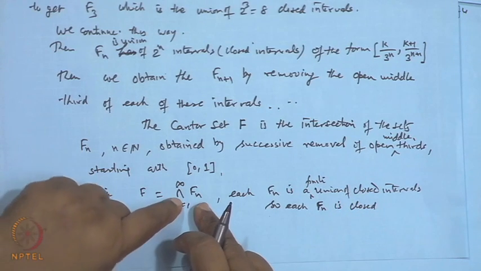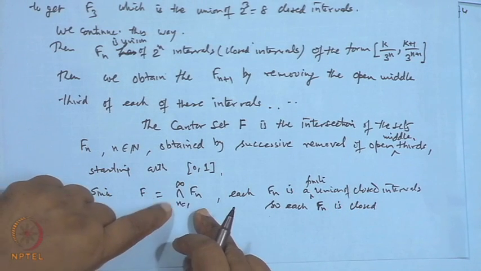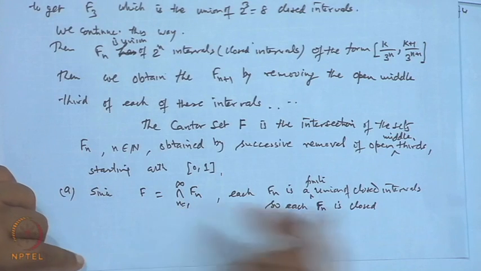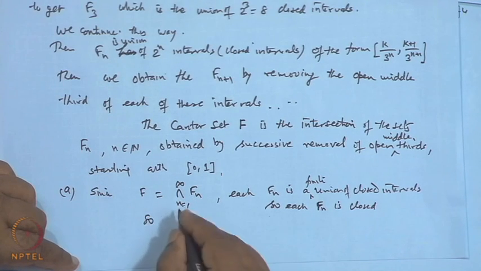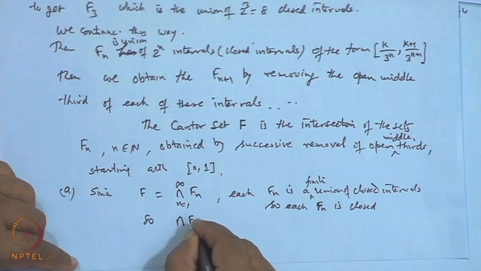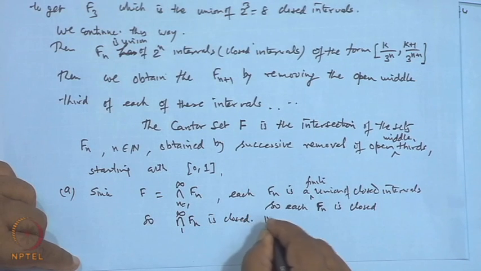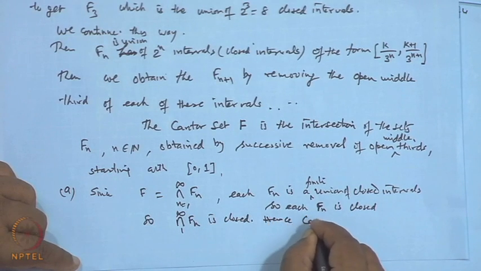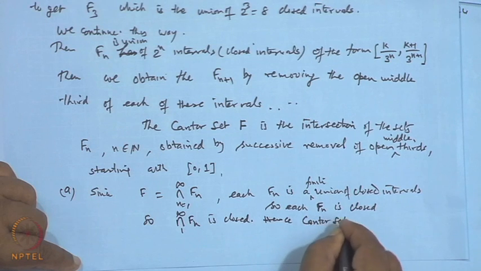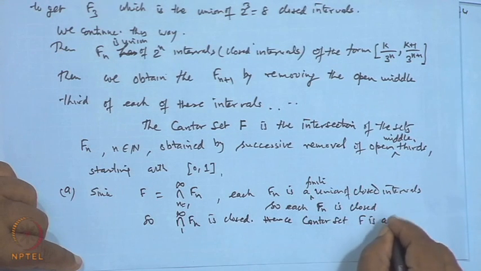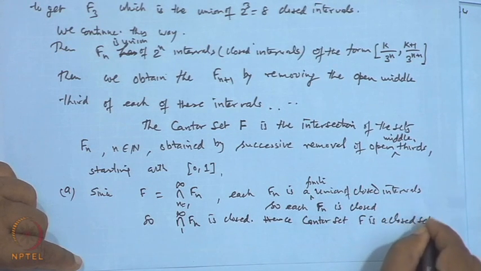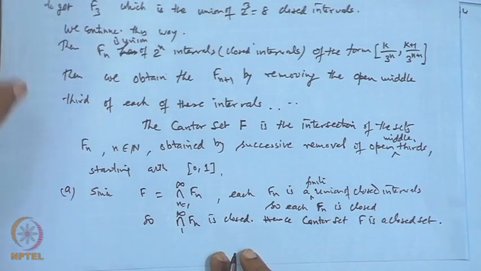When you take the countable intersection of closed sets, it is closed. Hence, the Cantor set F is a closed set. This is the first we wanted to prove.